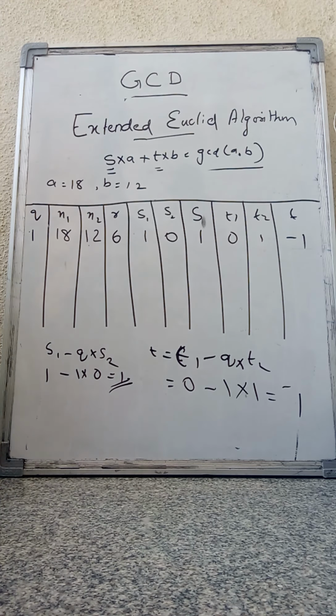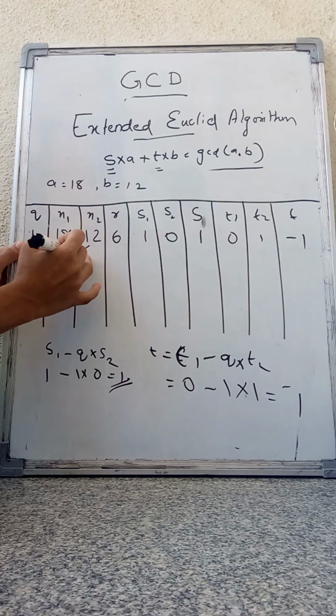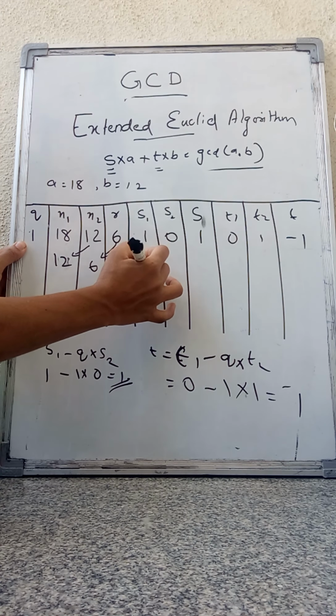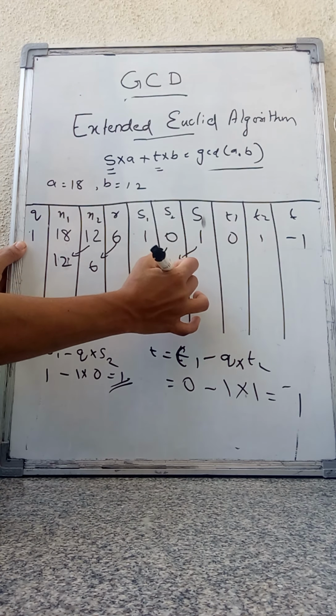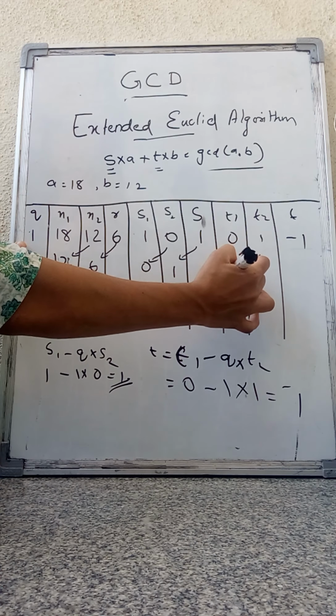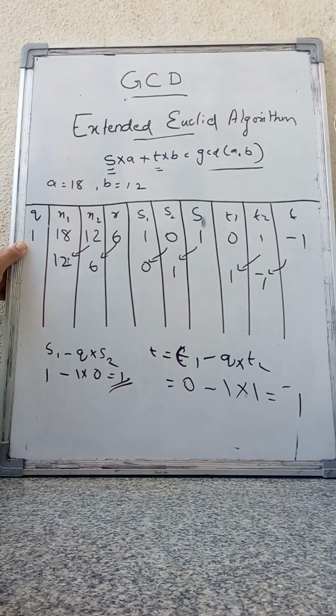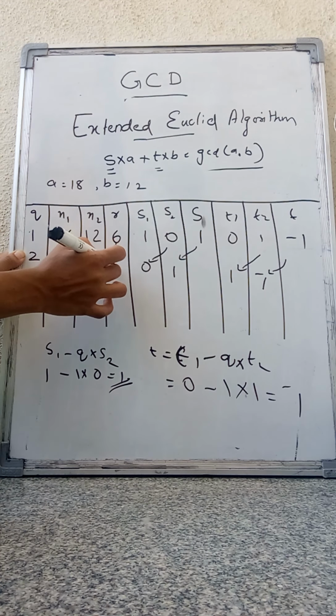So now we move to the second step. n1 becomes 12, n2 becomes 6, s1 becomes 0, s2 becomes 1, t1 becomes 1, t2 becomes minus 1. Now the quotient is 2 and the remainder is 0.